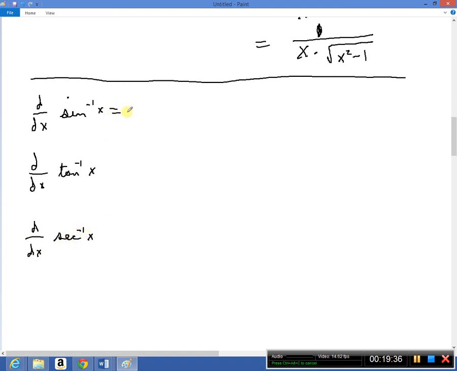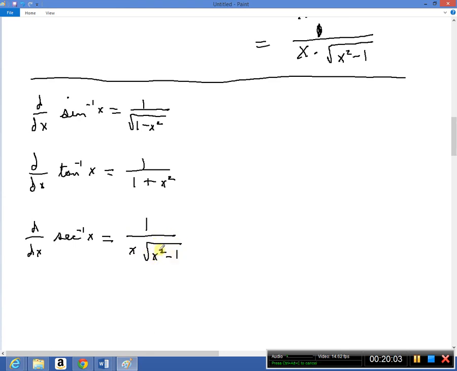And the answers are, to just summarize, this is 1 over the square root of 1 minus x squared. The derivative of the inverse tangent is 1 over, no square roots in this, 1 plus x squared. And this guy, the last one that we did, we're still looking at it right there. It's 1 over x square root of x squared minus 1.